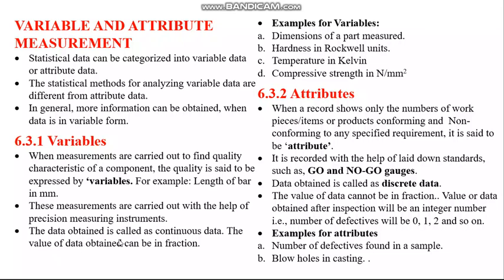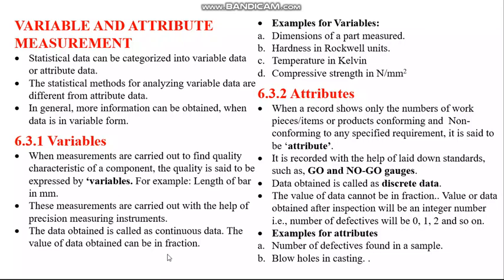Now the data obtained is called continuous data. Such data is called continuous data. The value of data obtained can be in fraction. This is where we can differentiate between an attribute and a variable.